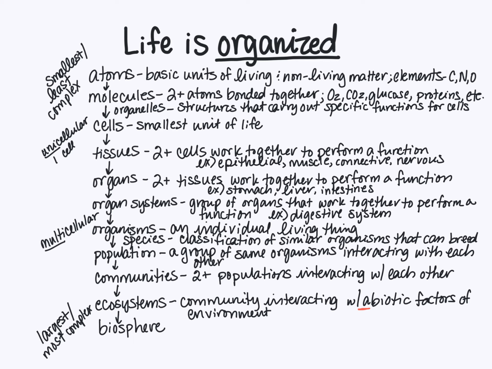Whenever you see the A in front of a word, it usually means without. And we know that bio means life. And so abiotic refers to non-living parts of the environment. And examples include things like water, air, soil, etc.